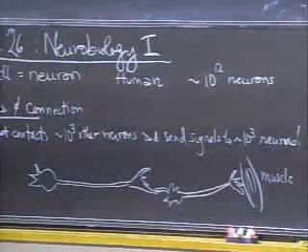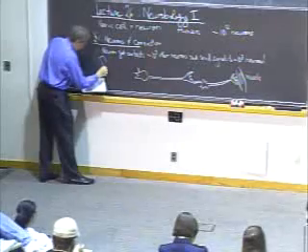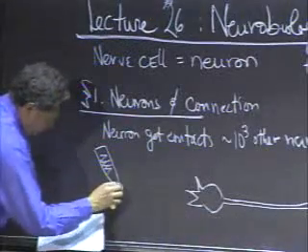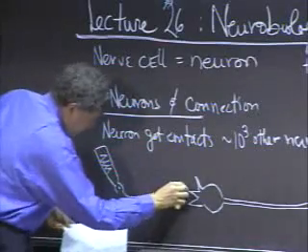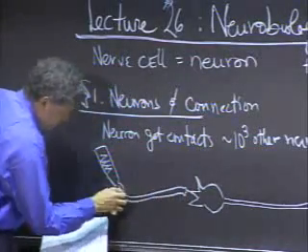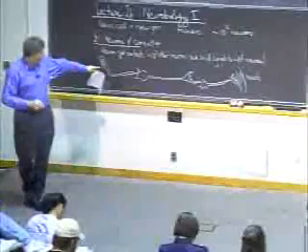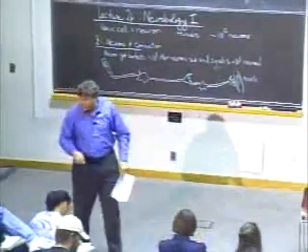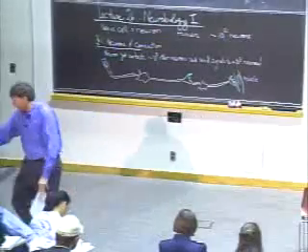Well, maybe in your eye we have a photoreceptor cell. And that photoreceptor cell will synapse upon a first neuron, which will synapse on a second neuron, which will synapse on your muscle. So maybe you'll see something, send a signal, activate your muscle to pick it up.